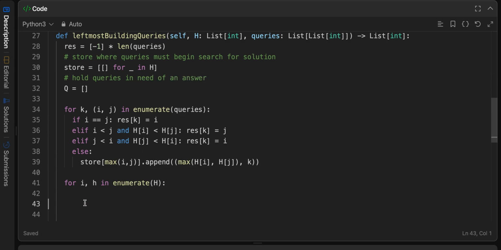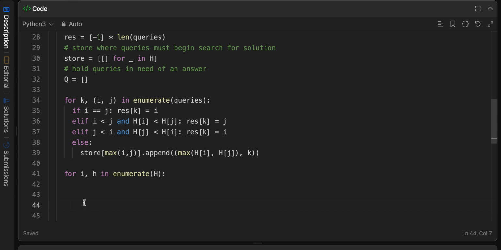Okay, so let's do this here. Right here, I'm not going to do it yet, but I'm going to do some work finding the answer with the current building height, which is this H here.